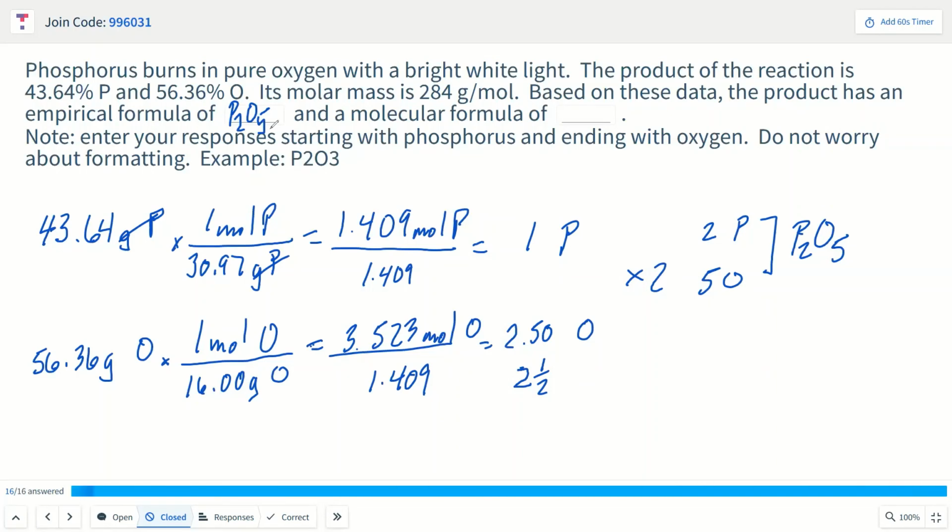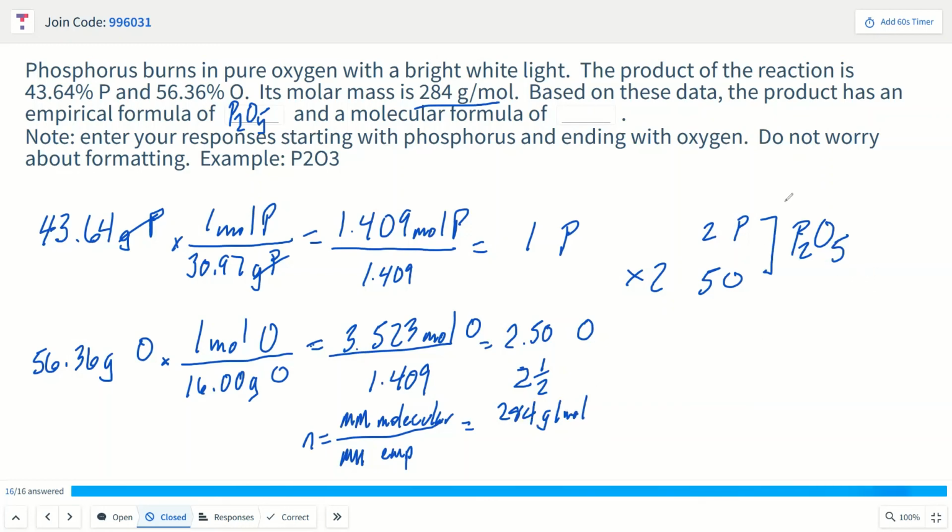Now for the molecular formula, I need to use this molar mass, 284, and the empirical formula mass of P2O5 to figure out what our multiplier is. Remember, our multiplier N is equal to the molar mass of the molecular formula divided by the molar mass of the empirical formula. And this is always going to be a whole number ratio. So up top, we know it's 284 grams per mole.